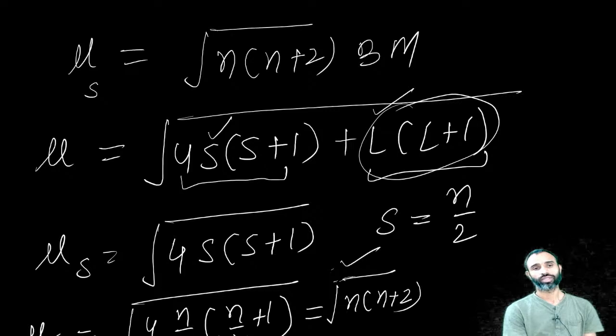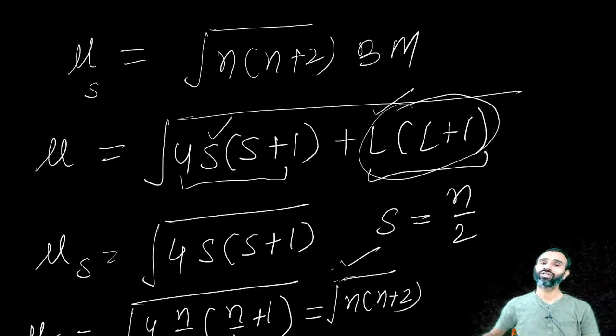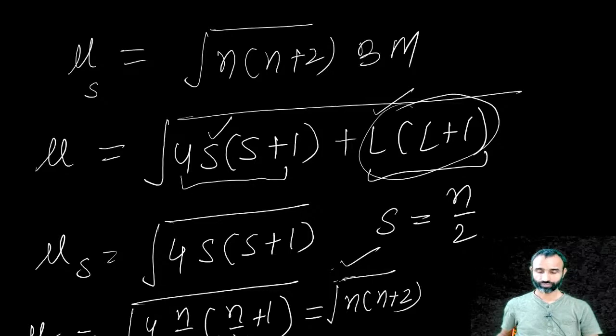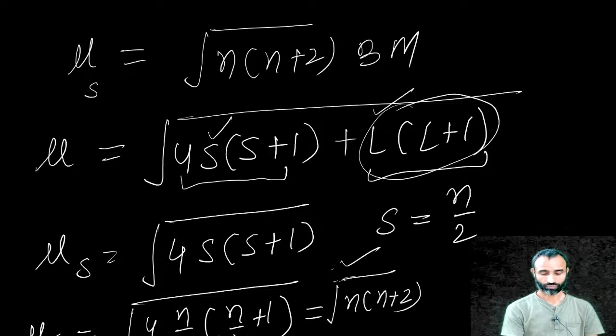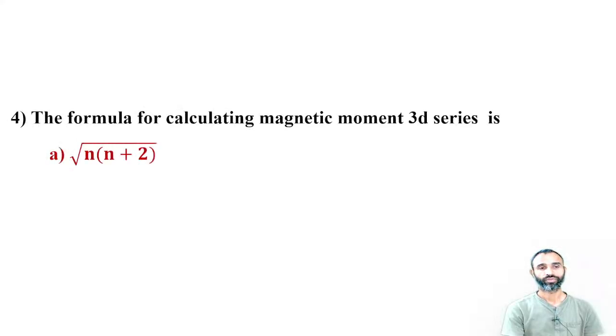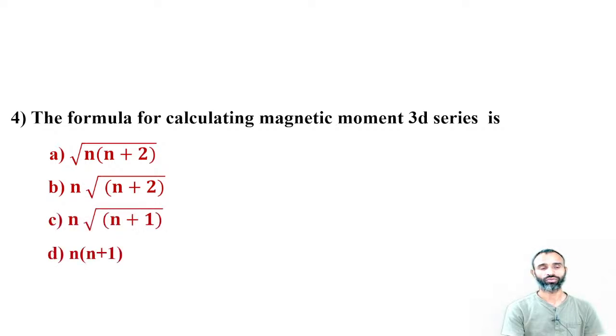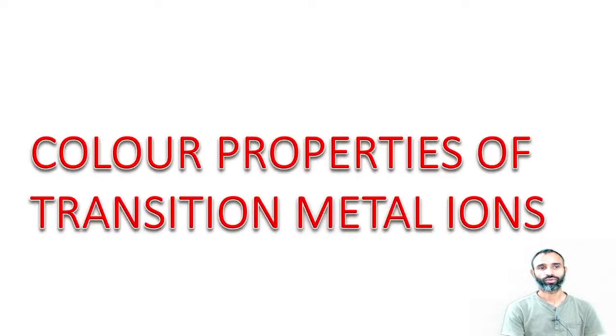So this is actually spin only magnetic moment. So we neglect the orbital contribution. If we consider both, then there is somewhat variation. So formula for calculating magnetic moment is under root n into n plus 2.